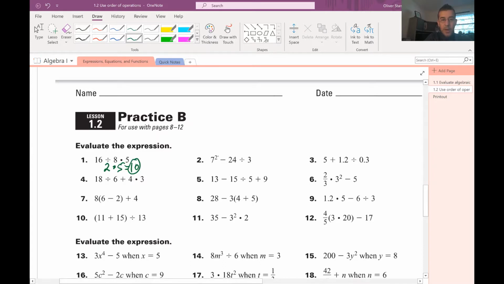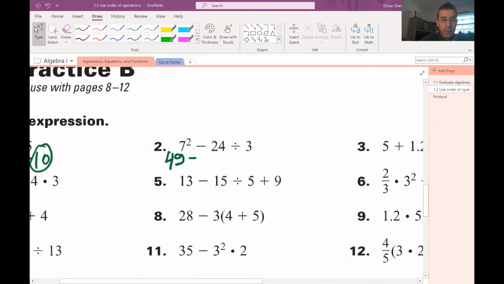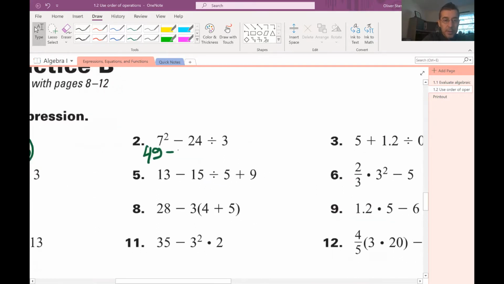Second problem, we have powers, subtraction and division. Powers, exponents, are done first. So 7 squared, that is 7 times 7, which is 49. Then we have minus 24 divided by 3.